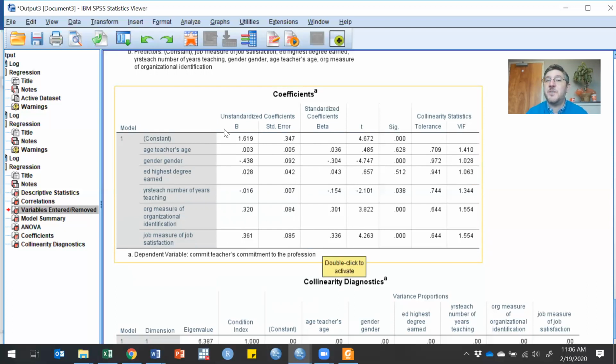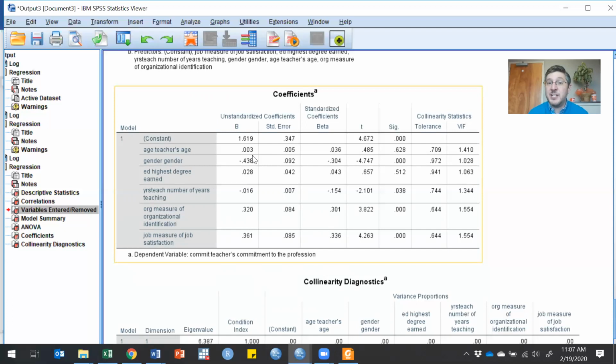The unstandardized coefficient estimates are just in their raw scale of measurement. So we would interpret these. The coefficient for teacher's age would say that for every unit increase in age, we would expect a 0.003 unit increase in teachers' commitment to the profession, holding constant the other variables in the model.